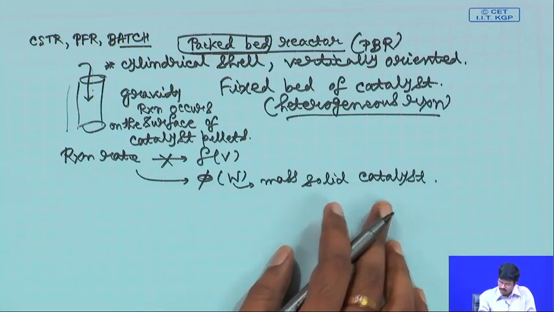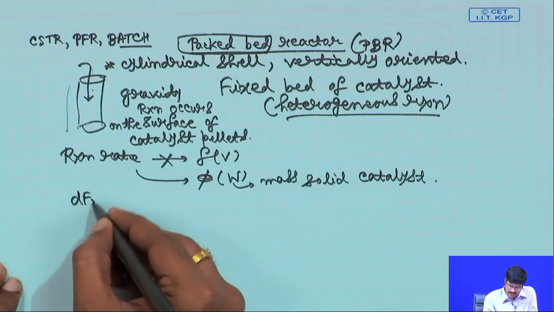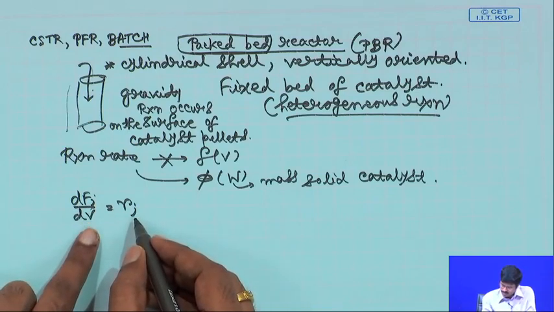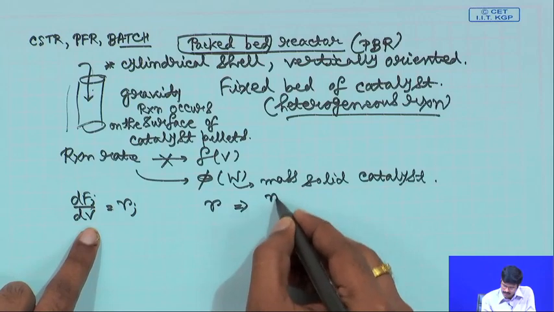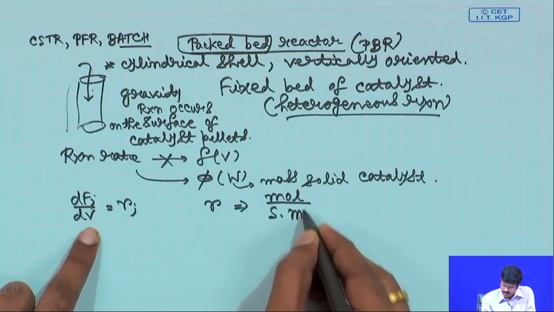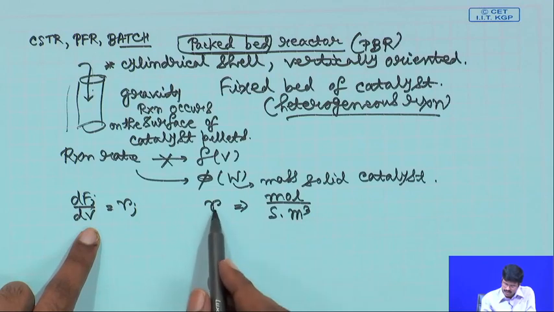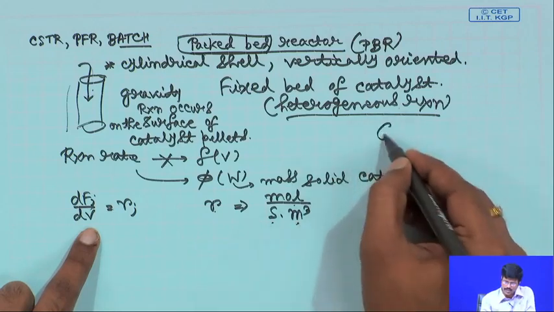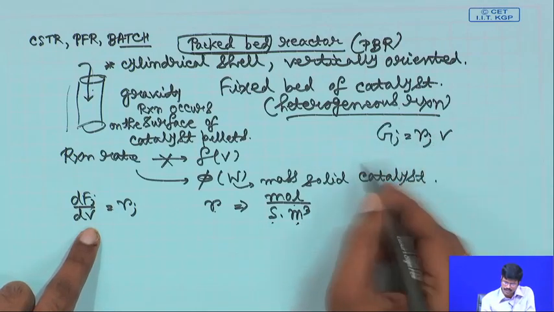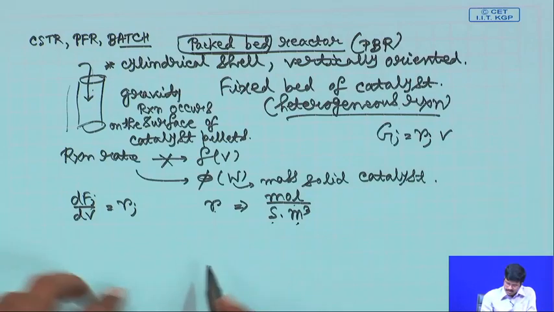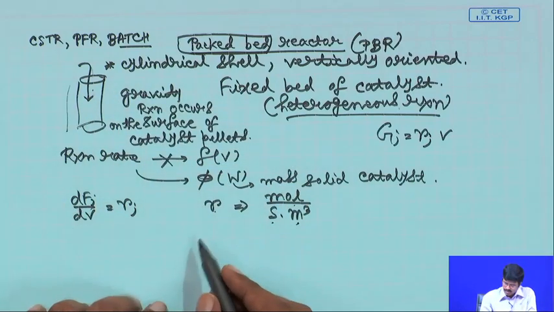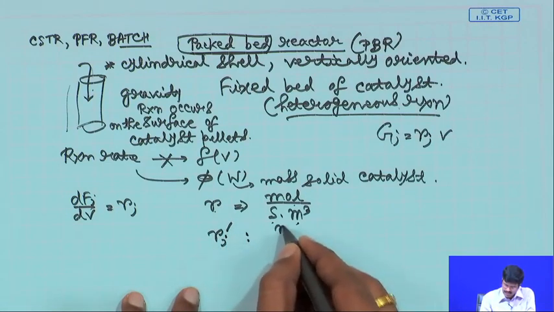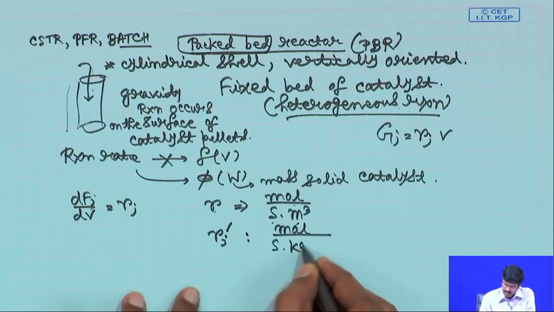If you are looking at the mole balance equation, it was dFj/dV equals Rj for the plug flow reactor, where the unit of R was moles per second per meter cube, because this is the rate of generation per unit time per unit volume. If you remember, your Gj was equal to Rj into V, and so on. Now, because this is a catalytic reaction, you define another rate of generation, where the unit is moles per second per kg of catalyst.